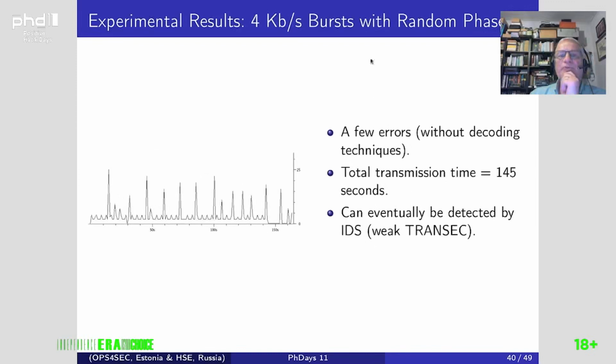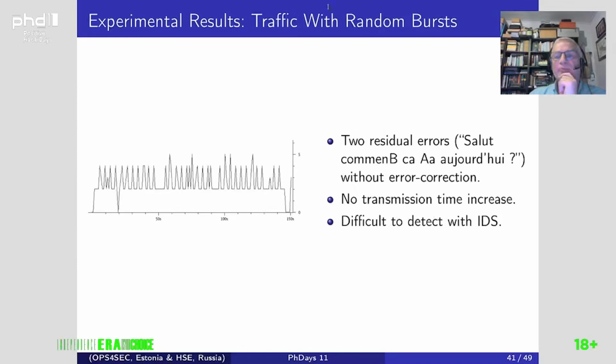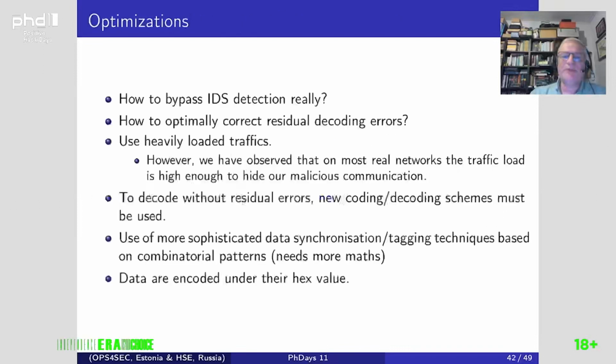Another case is with random bursts. We still have a few errors, but it is possible to cope and recover the final message, even with random bursts. So in any case, we were able to recover the sentences, with manual verification to access the message.